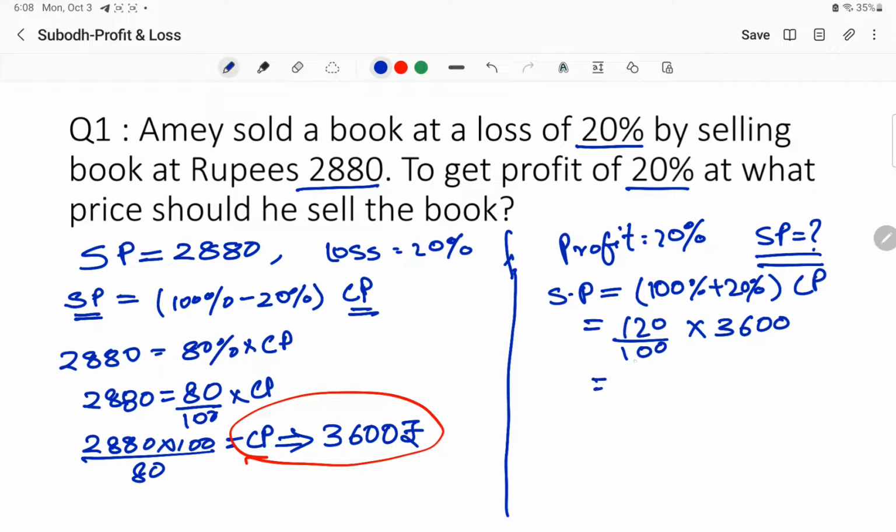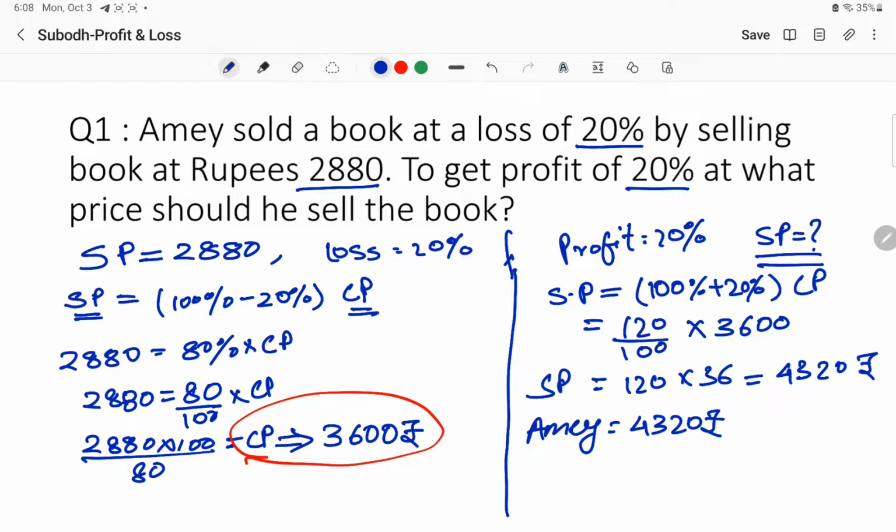If we calculate it, 120 into 36 equals 4320 rupees. So Amay needs to sell the book for 4320 rupees to get the profit percentage of 20.